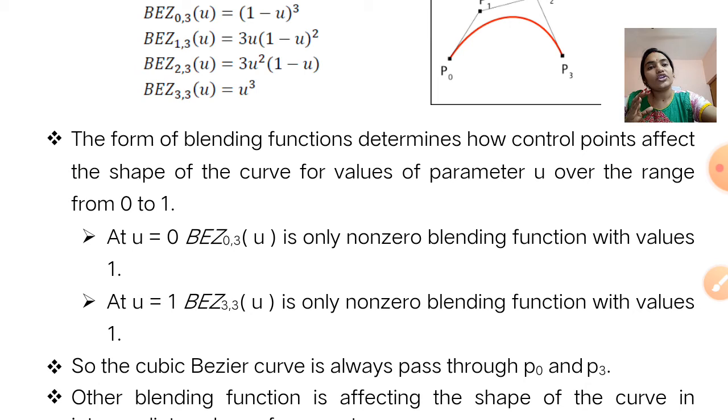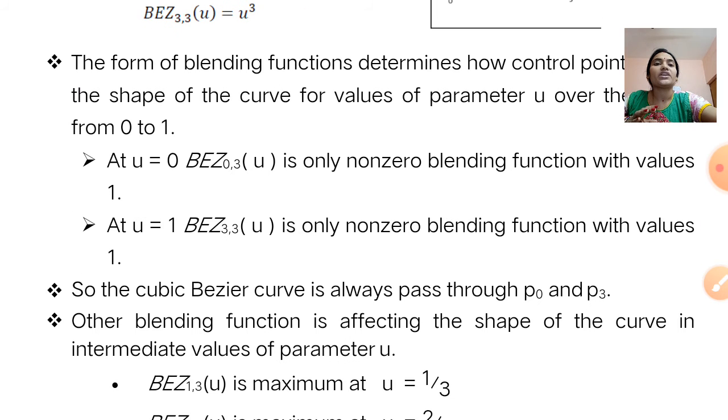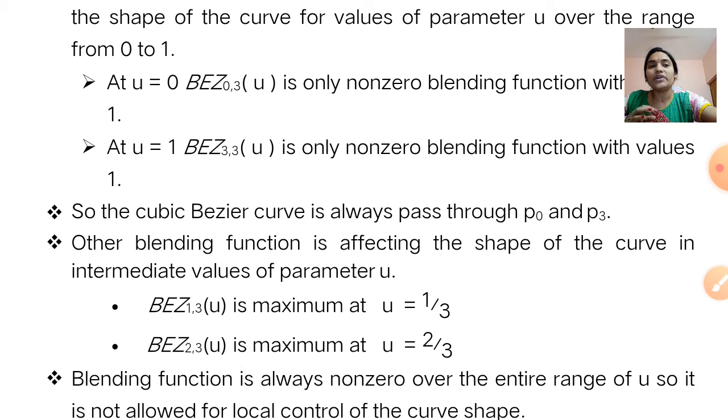Also at u equals to 1, base 3, 3 of u is the only non-zero blending function, with value 1. Okay. So the cubic Bezier curve always passes through P0 and P3.